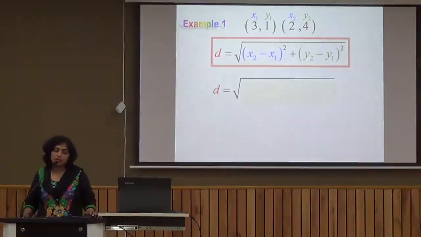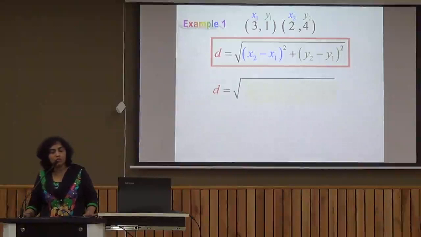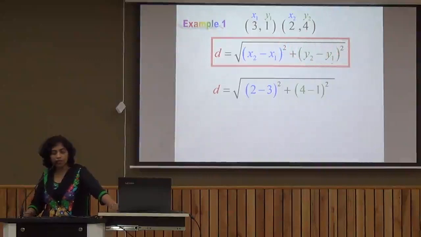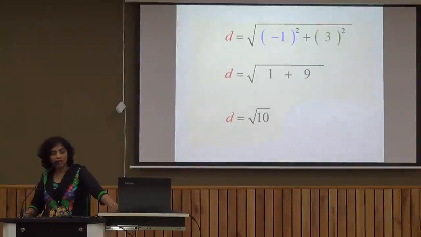We have to find the distance between the points (3, 1) and (2, 4). According to the formula, (x2 minus x1) whole square plus (y2 minus y1) square, we have x2 as 2 and x1 as 3: (2 minus 3) whole square plus (4 minus 1) whole square, and we get (minus 1) whole square plus 3 whole square, and 1 plus 9 is equal to the square root of 10 units.